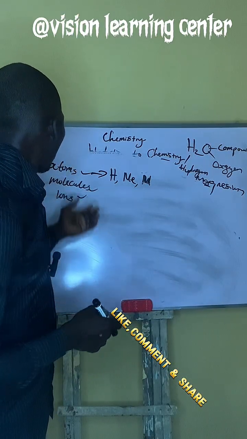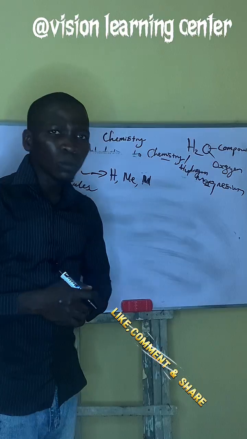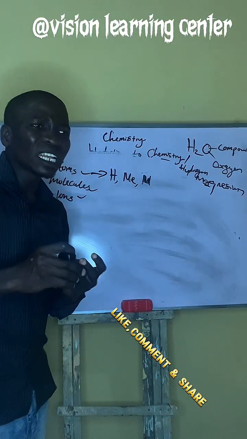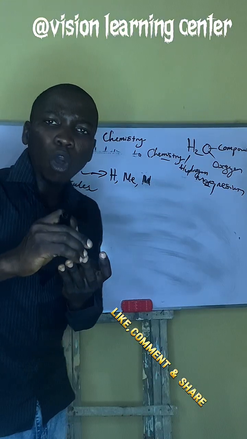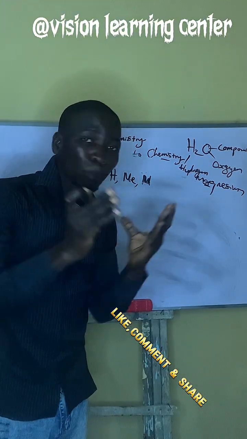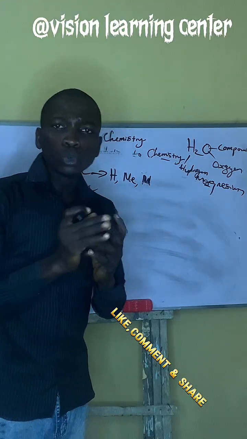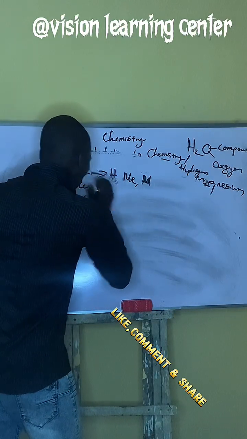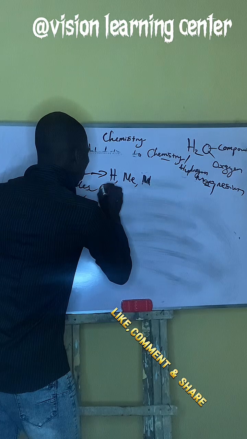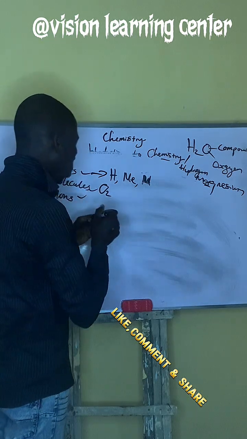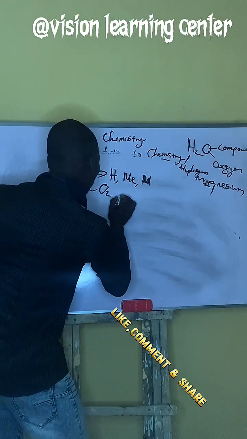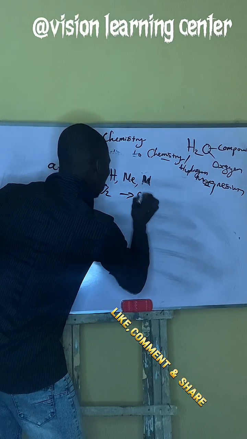What are molecules? Molecules are a combination of two or more atoms that are bonded together. We have H2O. We have O2, which is oxygen.